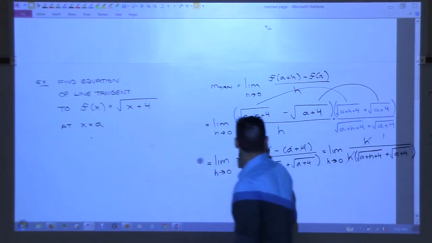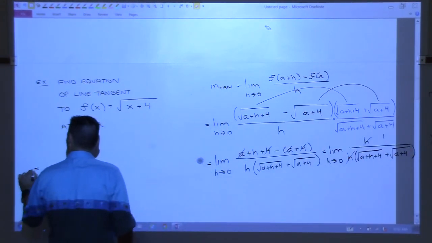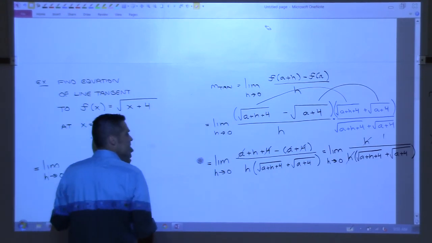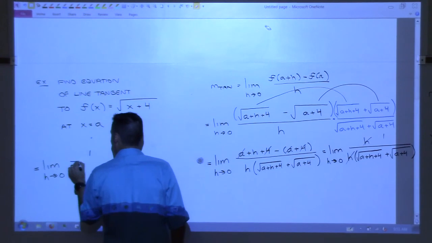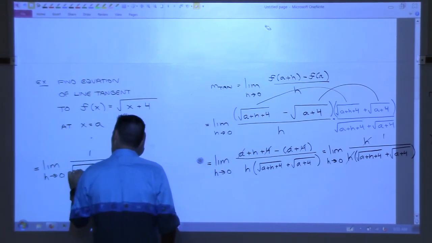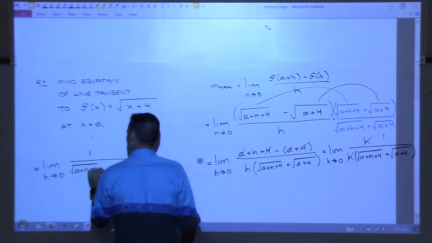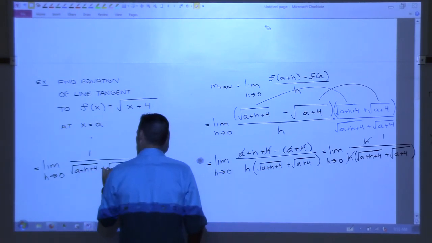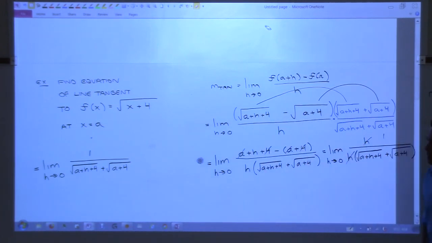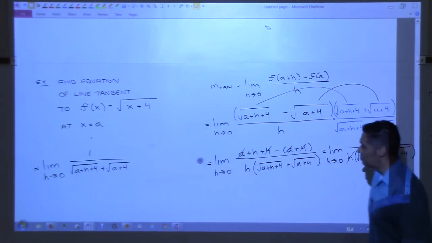So here's where I am. I have still remaining the limit as H goes to 0, and in the numerator I have 1. In the denominator I have root A plus H plus 4 plus root A plus 4. And what we're hoping for now is that when we take the limit, we do not get 0 over 0. And we're not going to get 0 on top, right?